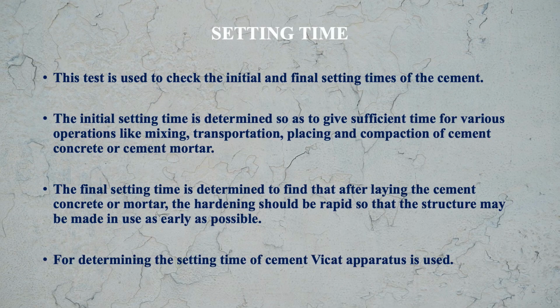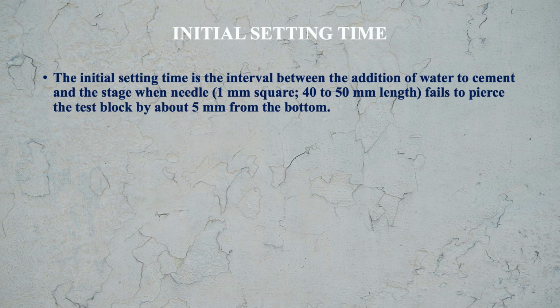For determining the setting time of cement, the Vicat apparatus is used, the same apparatus which we used in the measurement of standard consistency, but now with a change of pins. Instead of the plunger we will be using some pins here.